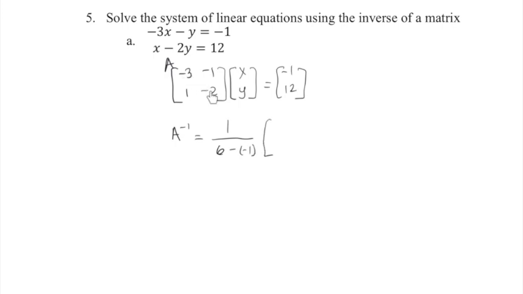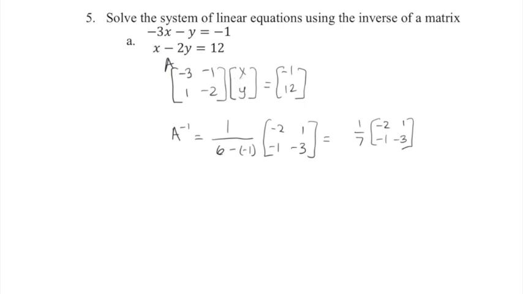And then remember, these two terms change places, and these two terms change sign, so that becomes a positive 1, that becomes a negative 1. So there's the inverse. So if I was to take this matrix and multiply it here, then they would essentially cancel each other out, leaving xy all by itself.